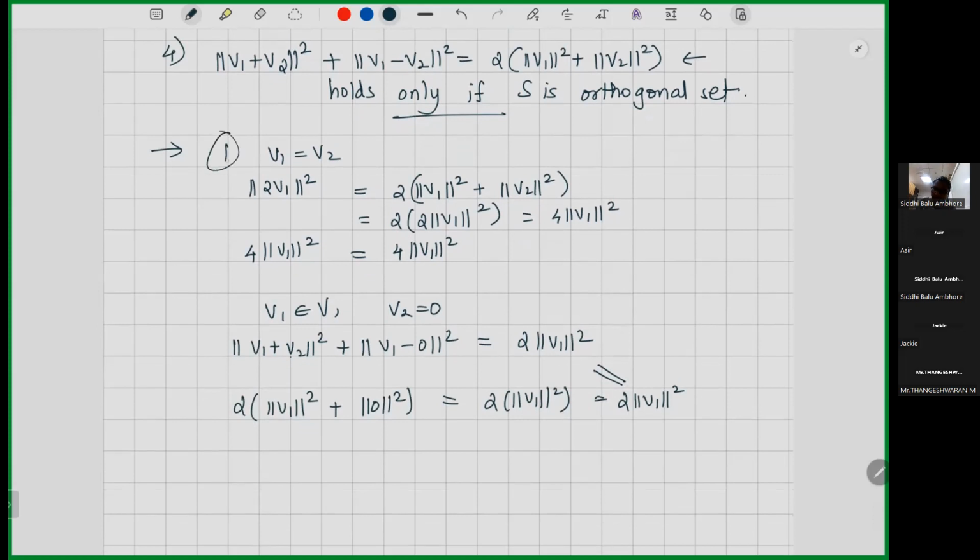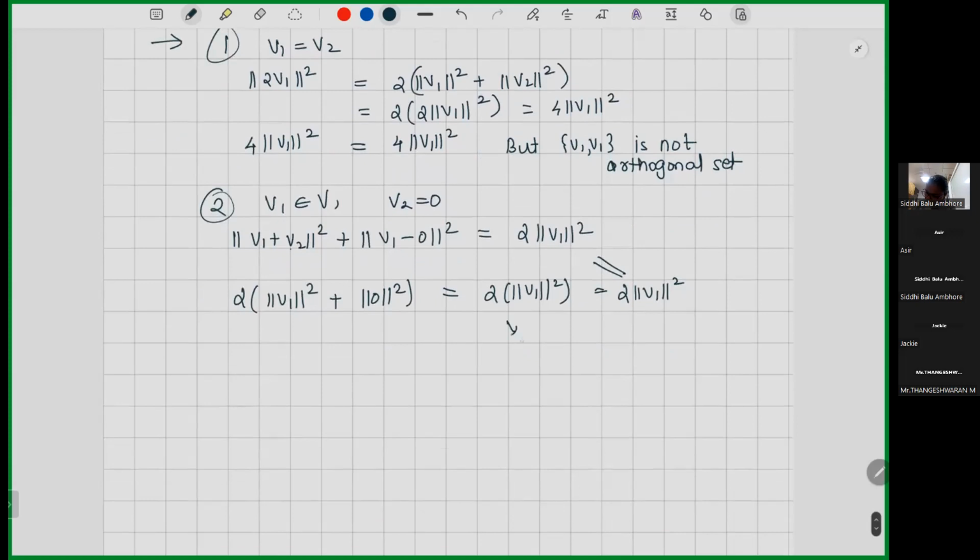This is the first counter example. This is the second counter example. Where this happens, but v1 comma v1 is not an orthogonal set, and v1 comma 0 is not an orthogonal set.